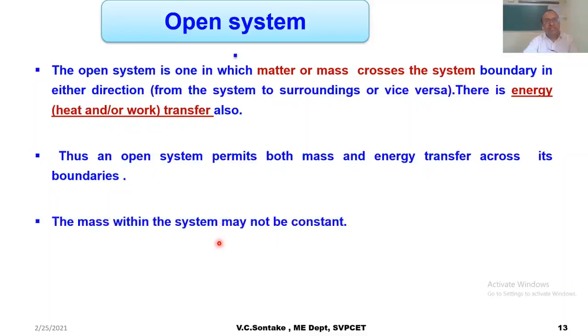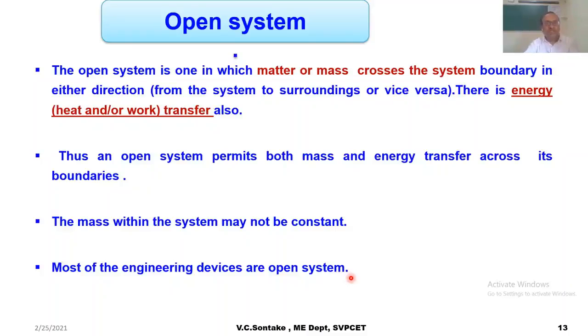The mass within the system may not be constant, as mass is either leaving or entering the system boundary. It is not going to remain constant. Rather, the volume of the open system is going to remain constant. Most engineering devices are open systems because in some way or other they allow mass as well as energy transfer across their system boundaries.